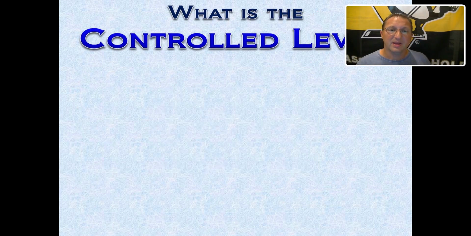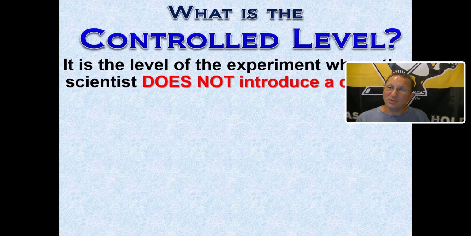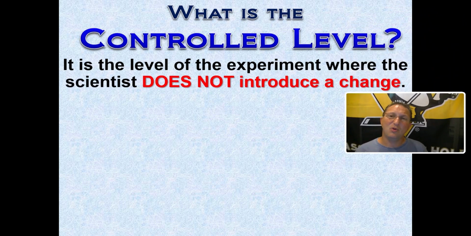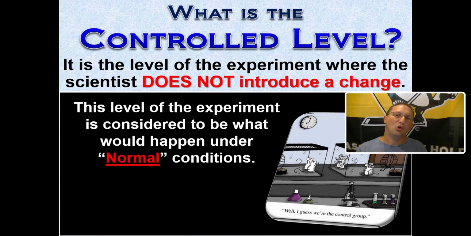Okay? All right, so what's the controlled level? The controlled level is that first level, and it's the level of the experiment that does not introduce change. So the easiest way to say this is that the controlled level is what we always consider to be normal. So again, in the taking a test example that I've been using, the normal way you take a test is without music blasting in the background, without a marching band standing behind you, right?